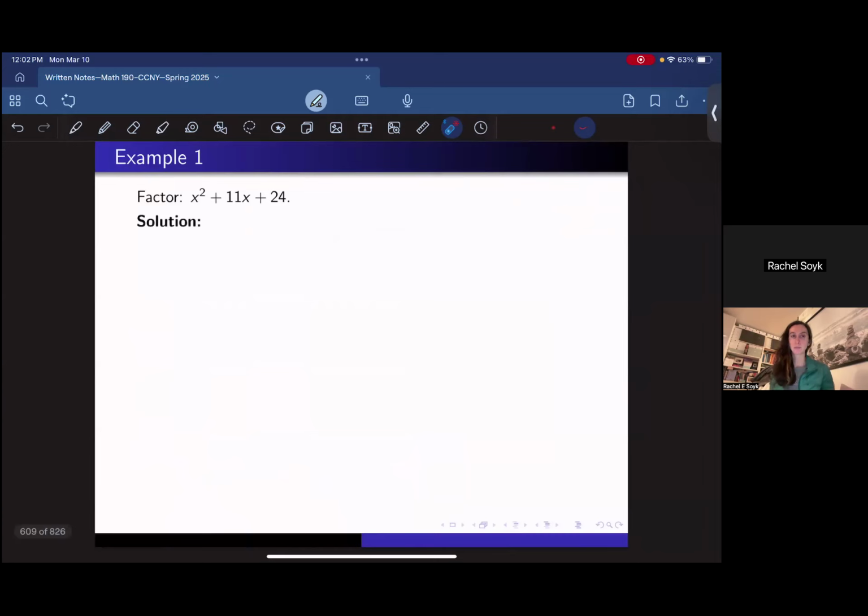Okay, so let's put it into practice with example 1. Lucky for us, our a value is 1 here. So let's identify our B and our C. B is equal to 11. And our C is equal to 24.